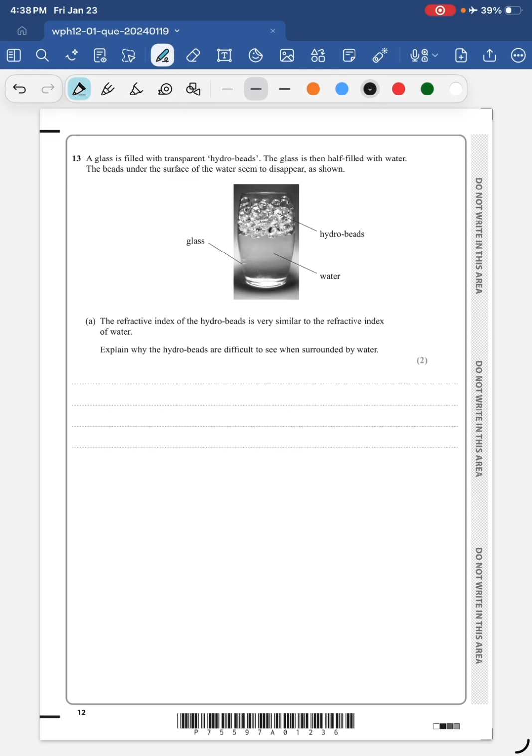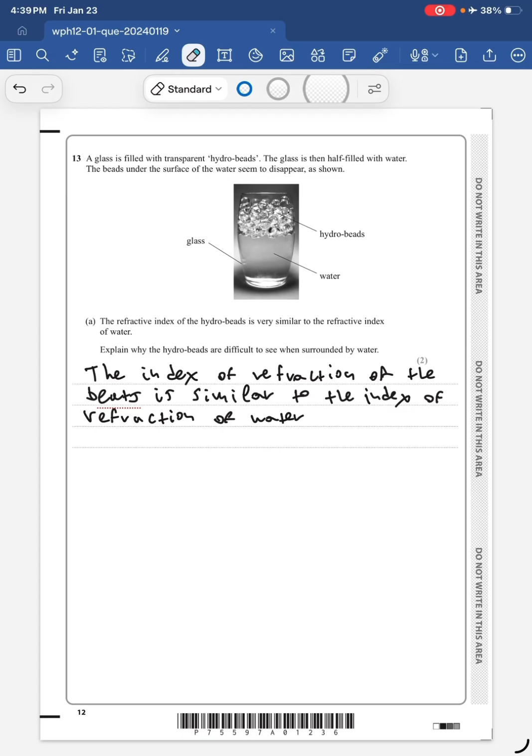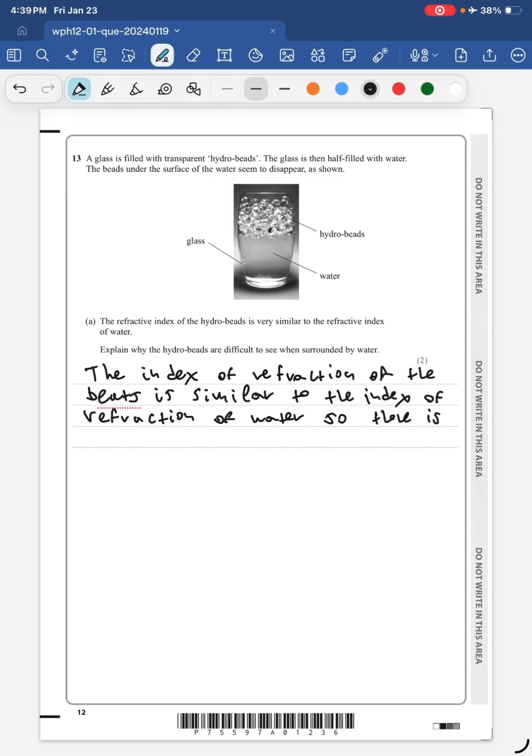So basically, the index of refraction of the beads is similar to the index of refraction of water, so there is a very small change in the velocity of light in this medium, right?